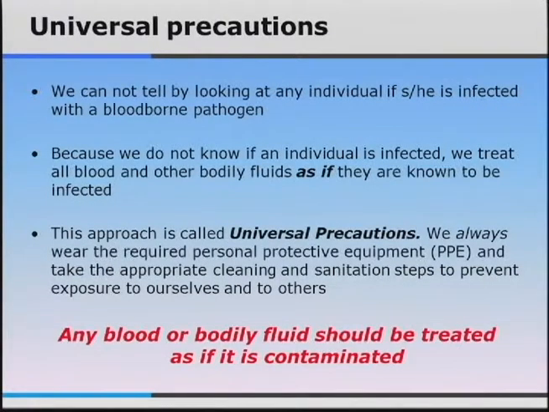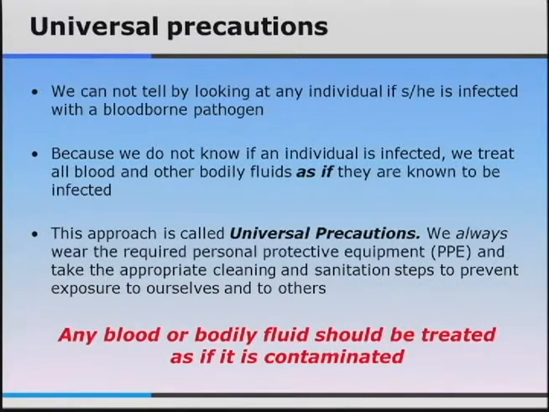What are universal precautions? We cannot tell by looking at any individual if he or she is infected with a blood-borne pathogen. Because we do not know if an individual is infected, we treat all blood and other bodily fluids as if they are known to be infected. This approach is called universal precautions.